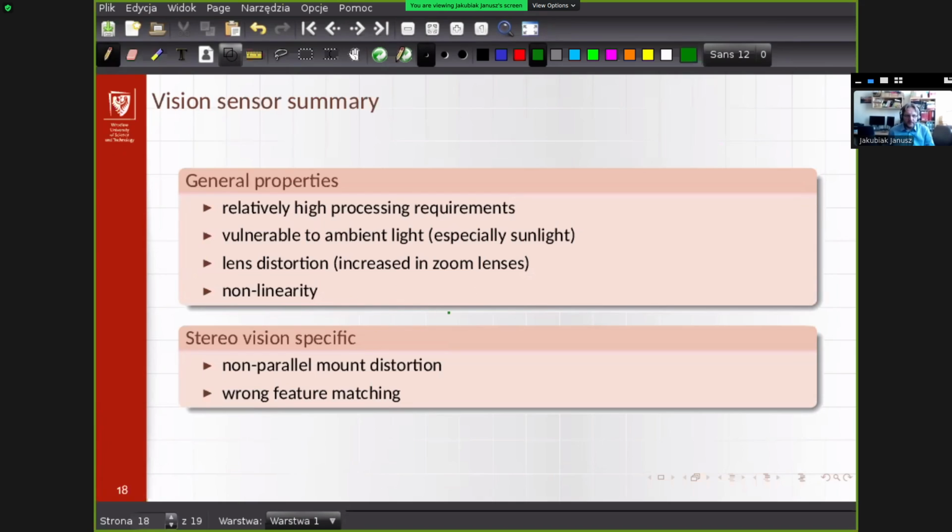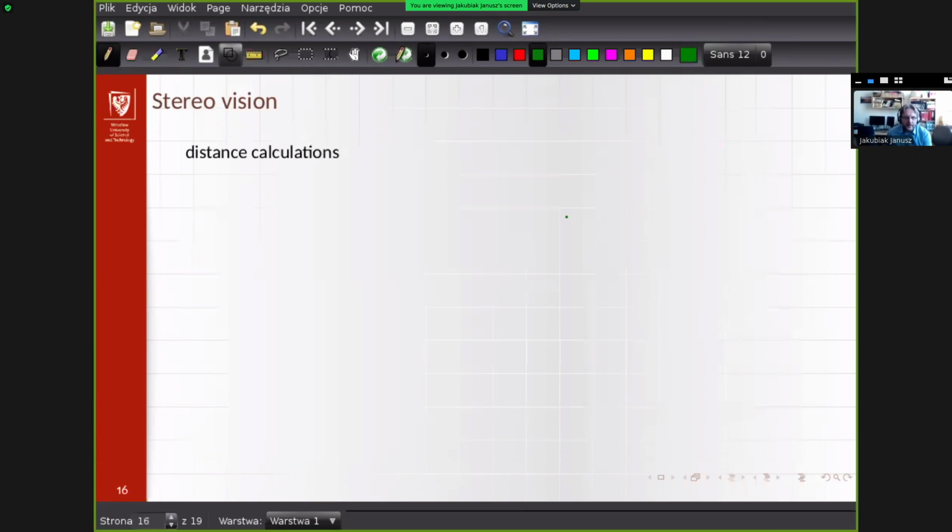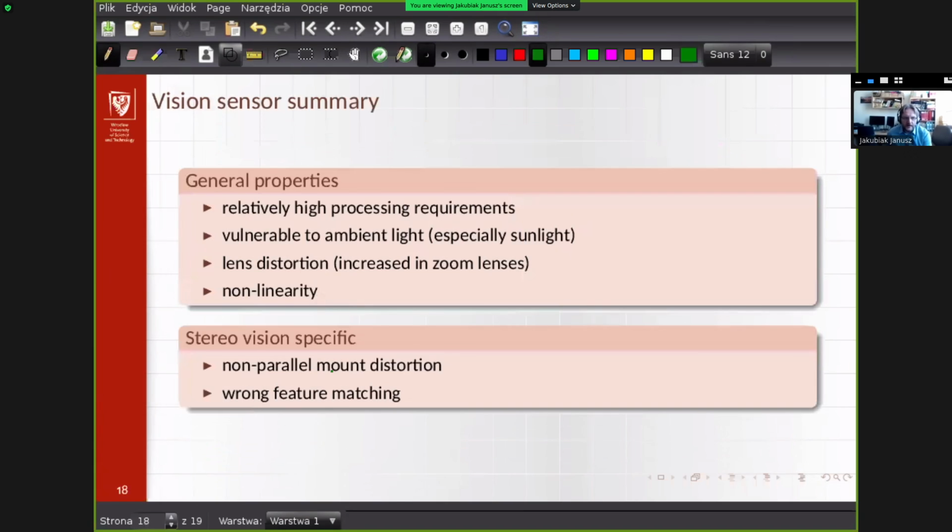We have also some problems that appear when we use stereo vision. The image that we had here was quite kind of ideal. So we had the cameras that are on the same line, and they are exactly parallel. But if the axes are not parallel, then the calculations are more complex.